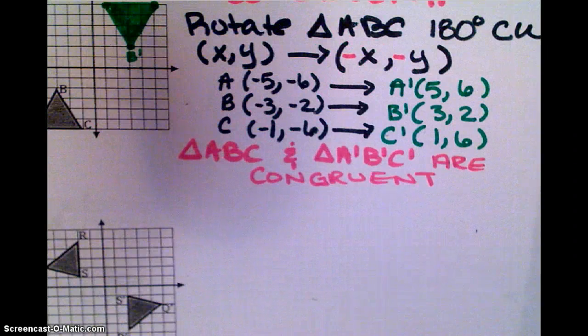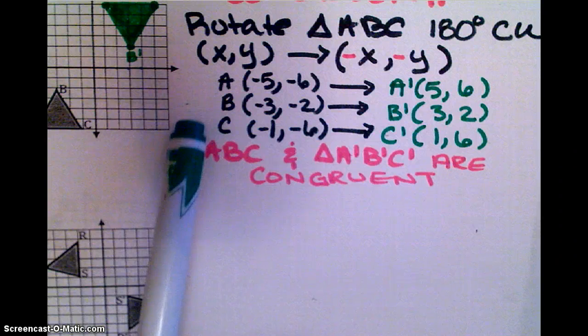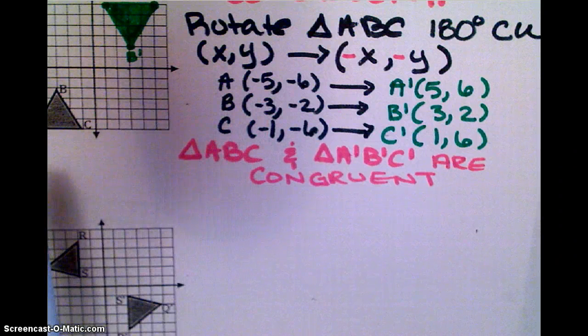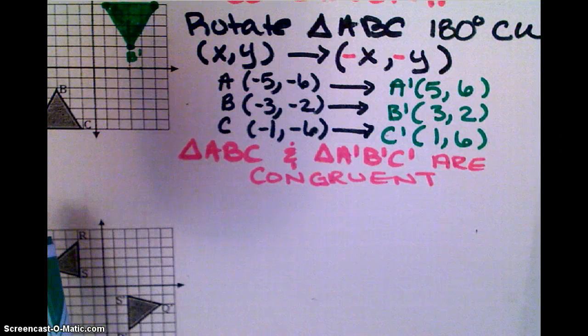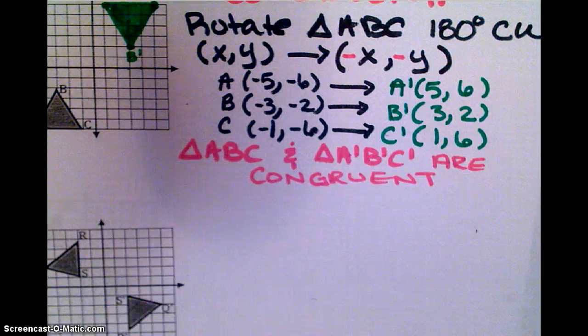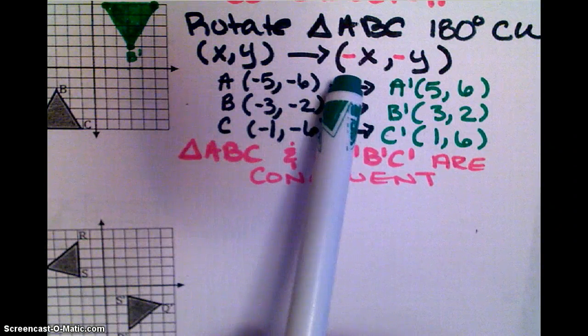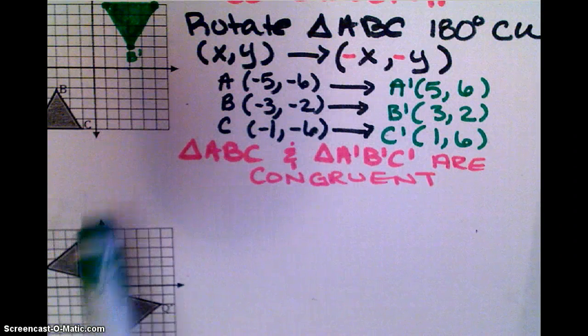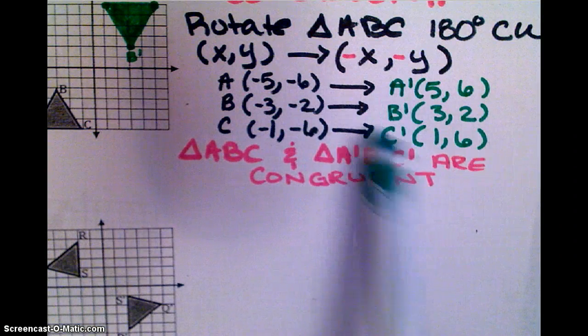Okay, so you have all worked and hopefully you checked with each other, but this is what you should have. These are the original points. A is negative 5, negative 6, B is negative 3, negative 2, C is negative 1, negative 6. And so the rule is when you're rotating 180 degrees clockwise, you're just taking the opposite of X and the opposite of Y. So if you did that, these are your new points.